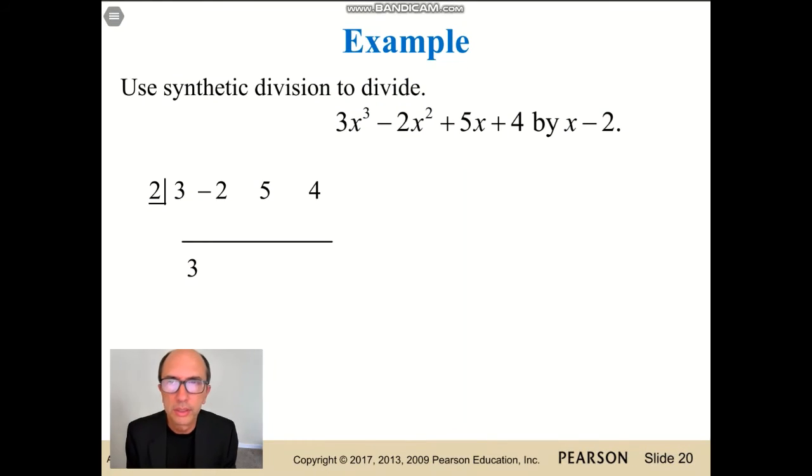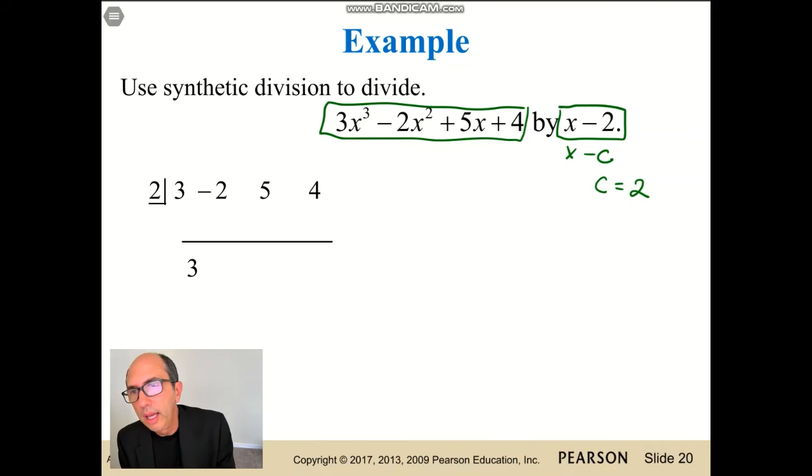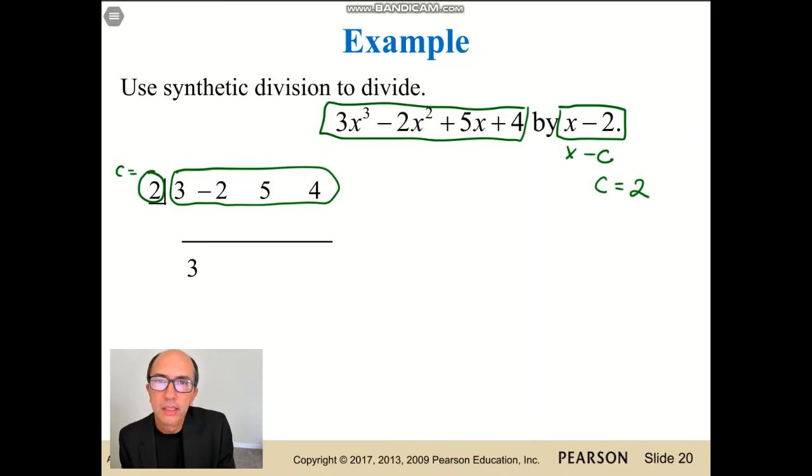Now let's use the synthetic division to divide 3x cubed minus 2x squared plus 5x plus 4 by x minus 2. See, this is x minus c. That means c equals 2. Then here you're gonna write down c. And here you're gonna write down the sequence of coefficients in the polynomial that's being divided.